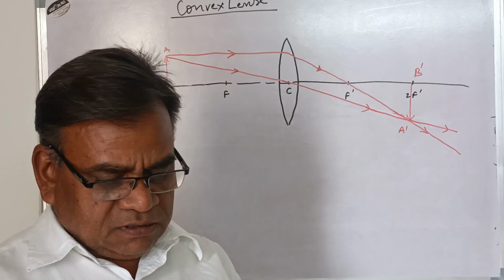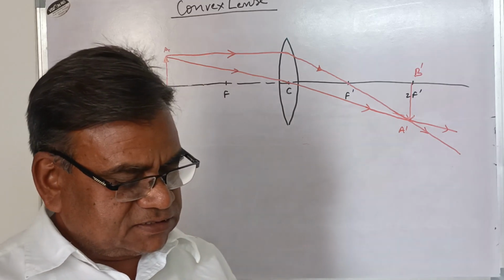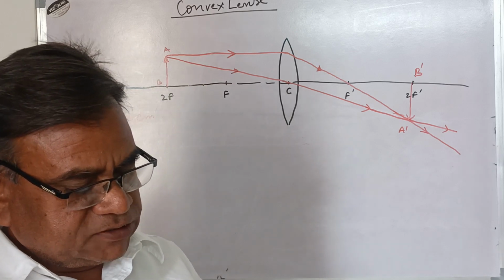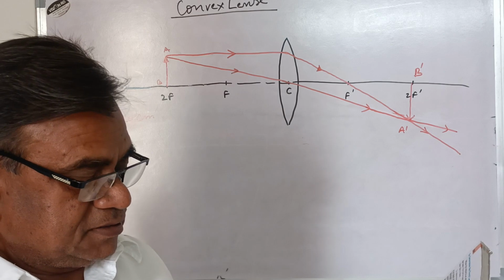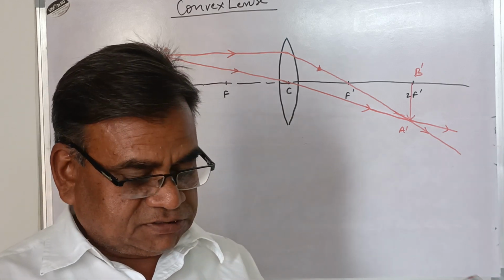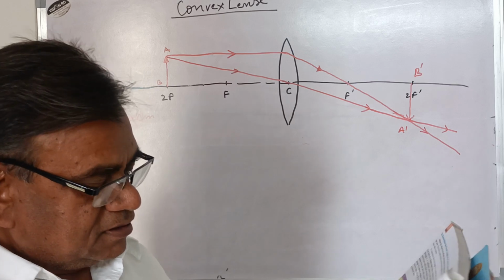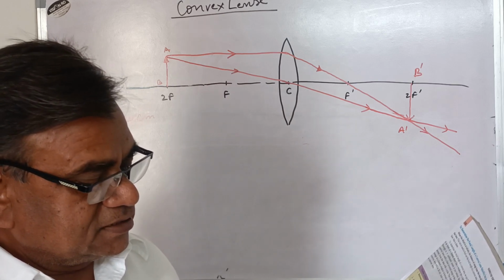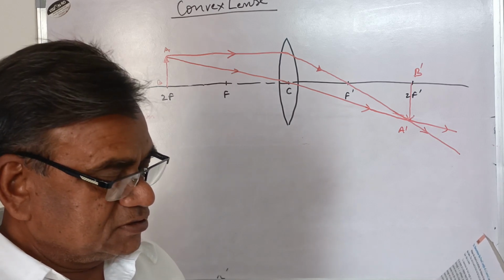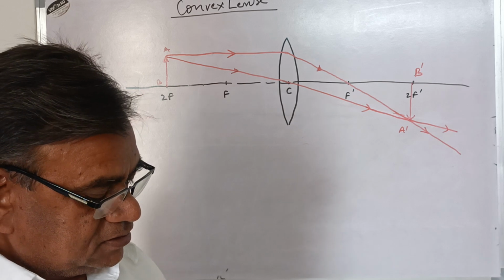Where should an object be placed in front of this convex lens so as to obtain an image which is real? Okay, real means the rays after refraction will cut each other, inverted and same size as the object. This was the same question. Draw the ray diagram to show the formation of the image.